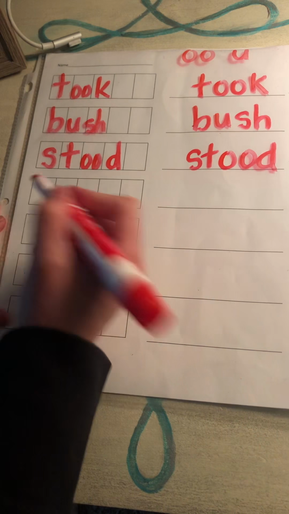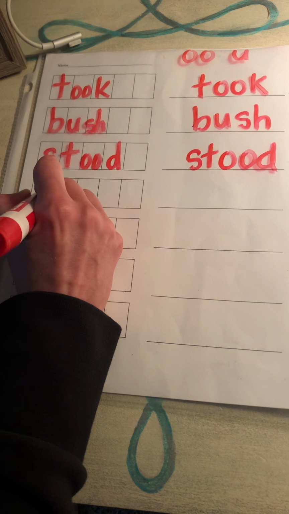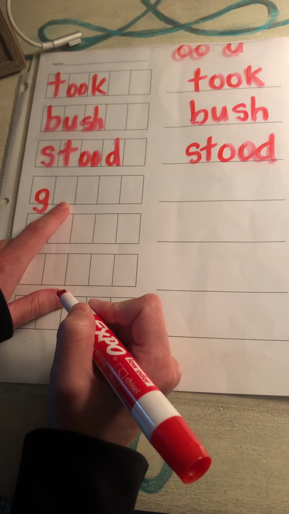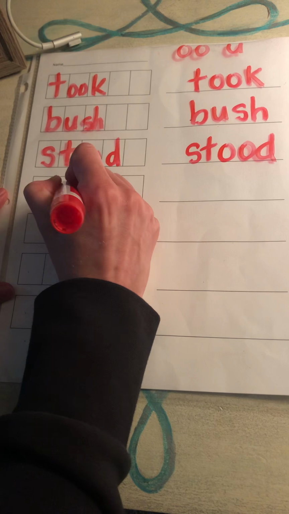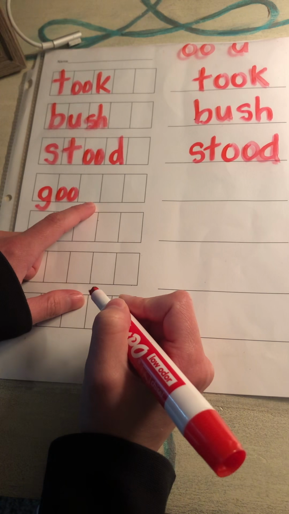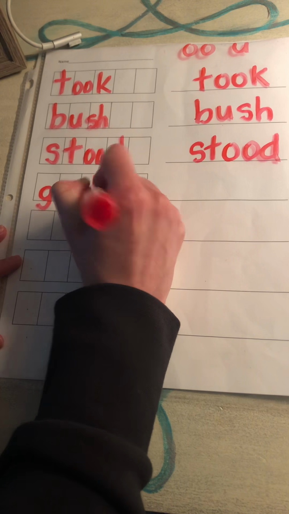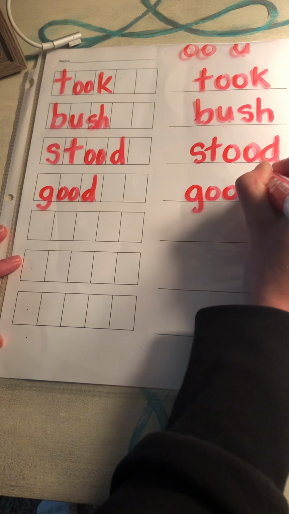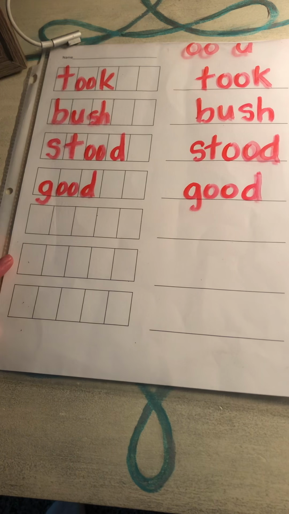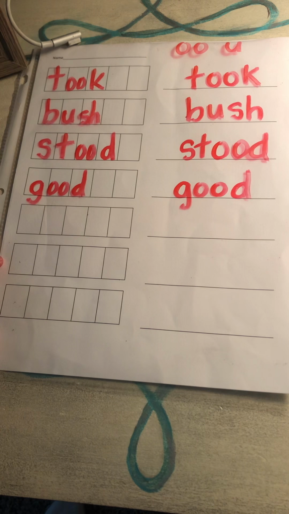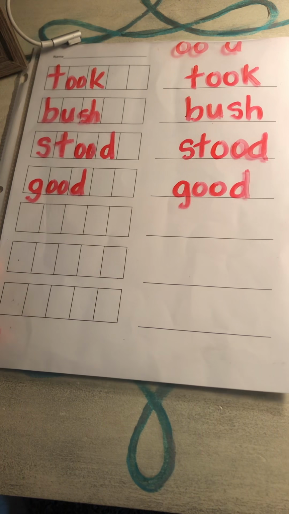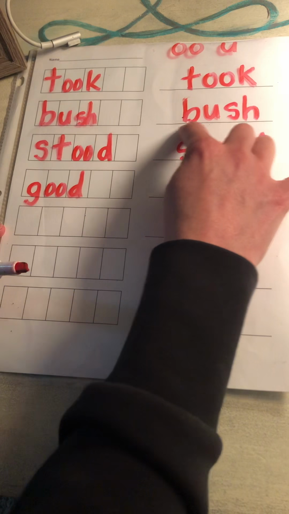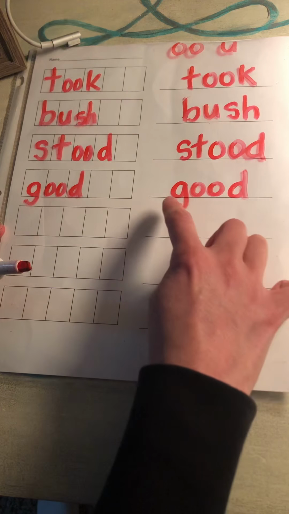All right, in your boxes you should have G says G, and in the word good, it is spelled O-O, D says D. Good. Write it on your line. Good. All right, let's read these words together that you have written on your page. Here we go. Took, bush, stood, good.